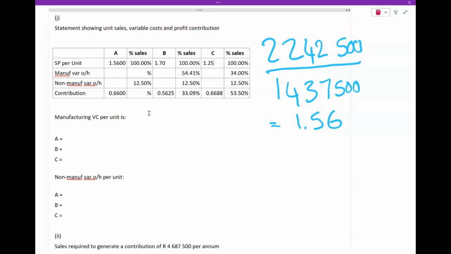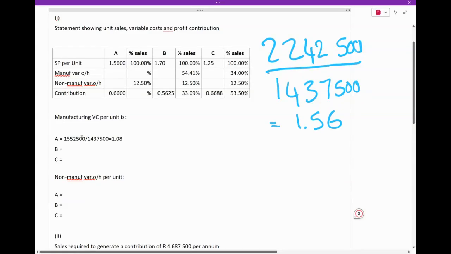So what we then now need to do is we need to take that manufacturing overhead and we then now need to say, okay, that manufacturing overhead, which is 1,552,500 for product A, divided by the total number of units, which we said is 1,437,500, okay, which will then give us what? 1.8.